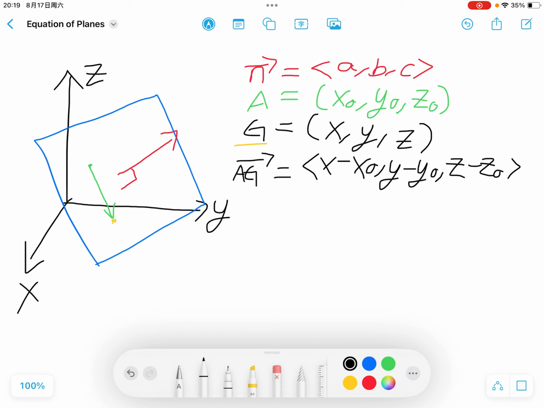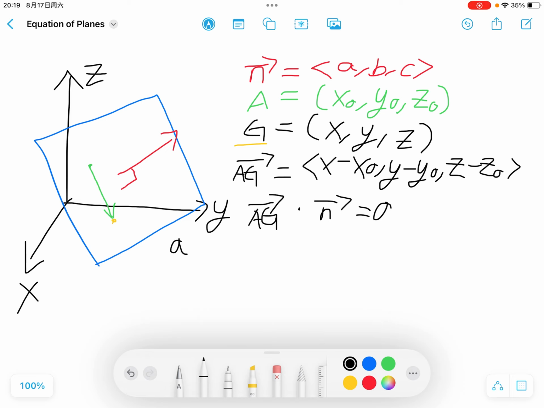And then essentially, we want this vector to be orthogonal to vector n, meaning that the dot product of vector AG and vector n is equal to 0, because they're orthogonal.